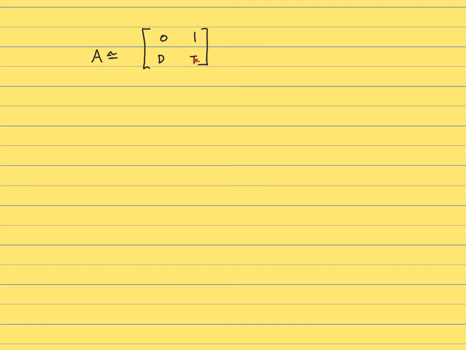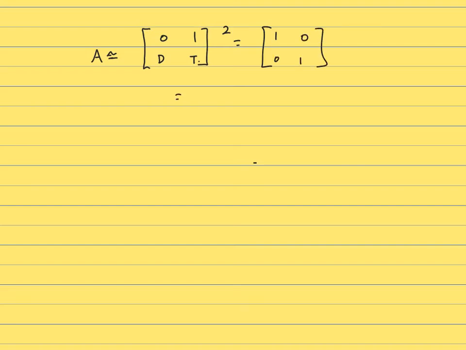T is called the trace of a matrix, the sum of the diagonal entries, and d is called the determinant. I'll leave that proof as an interesting exercise, but the point is we just need matrices of this form whose square is the identity.